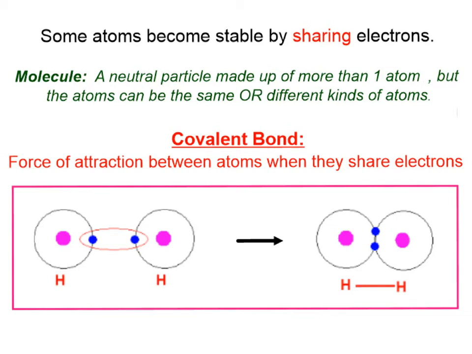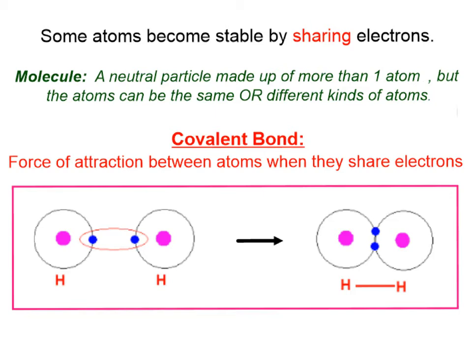That is a molecule, but that's not a compound, because remember, a compound needs to have more than one kind of atom that are being bound together. So a covalent bond is going to form molecules or neutral particles that are sharing electrons in order to achieve their stability.